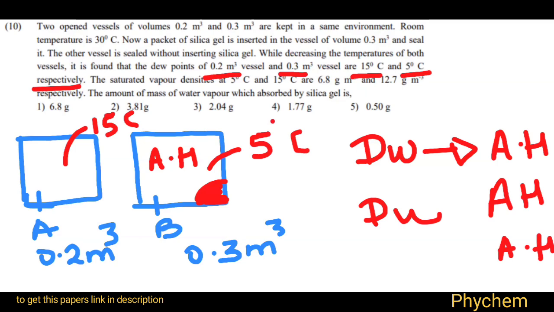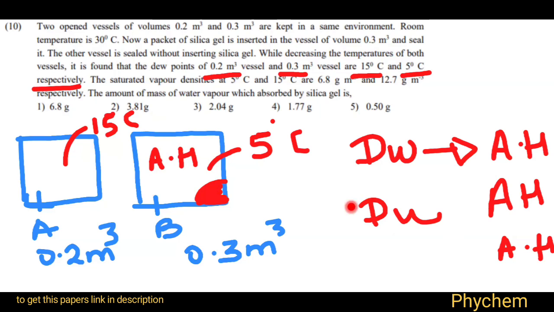The main reason the dew point of B is lower than A is that it has a lower absolute humidity. But initially we took both from the same environment, so why is there a difference in dew point? Because the silica gel absorbs the humidity of the air, which reduces the absolute humidity of this environment. When the absolute humidity is reduced, the dew point is also reduced.